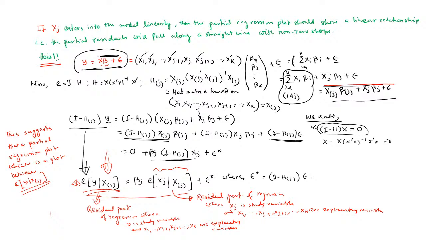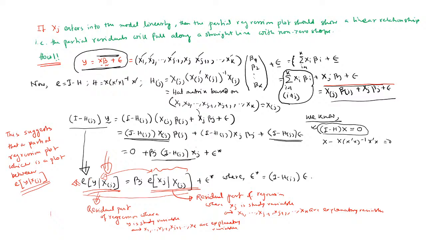Since you omit xj, the jth explanatory variable, obviously in the residual the effect due to xj is present. Even here, if you look at xj given the other variables, in the residual there is also an effect due to xj present. So obviously there is a connection and it should be linear.